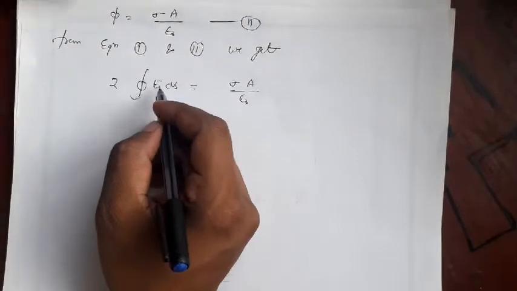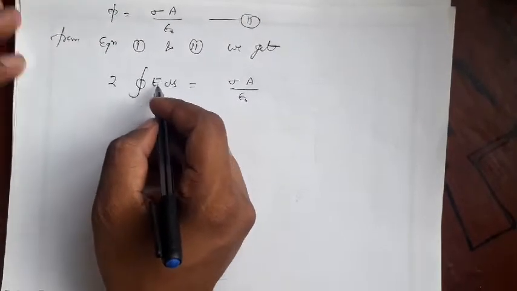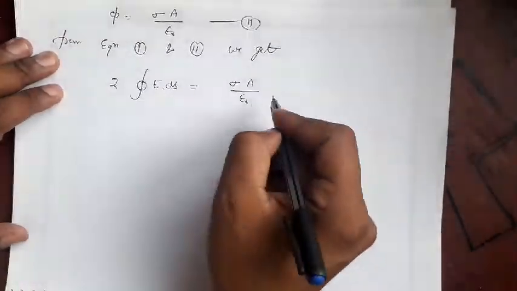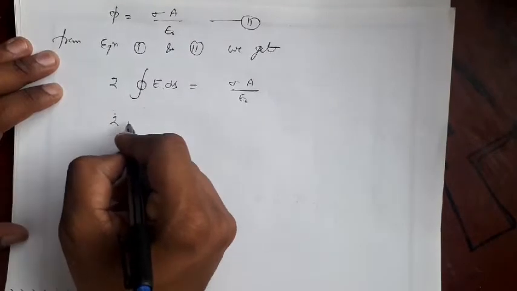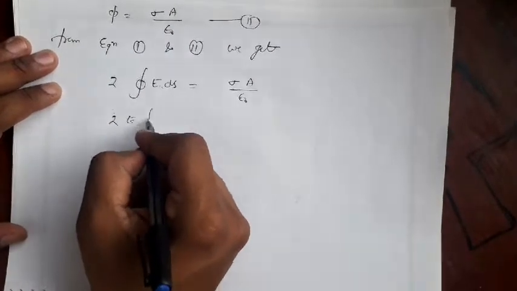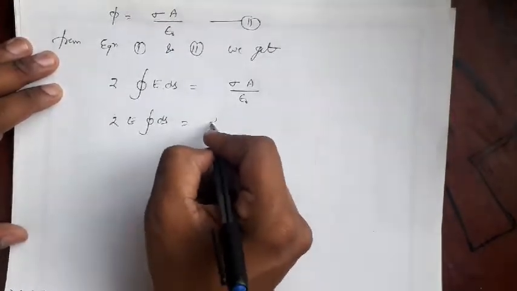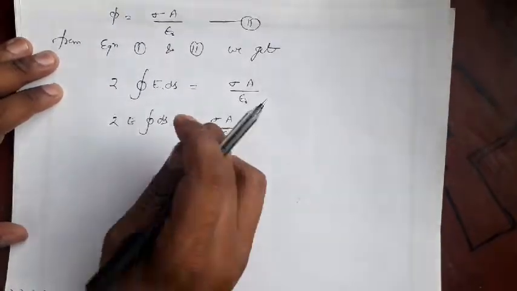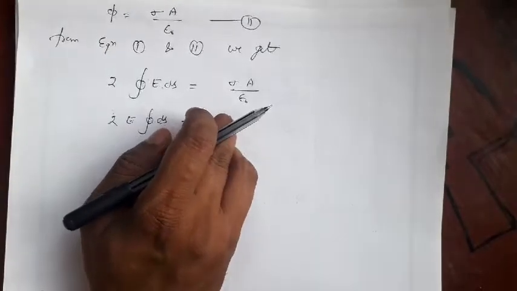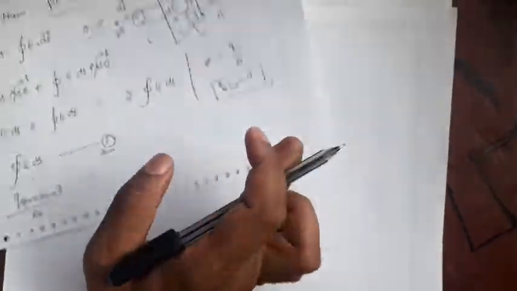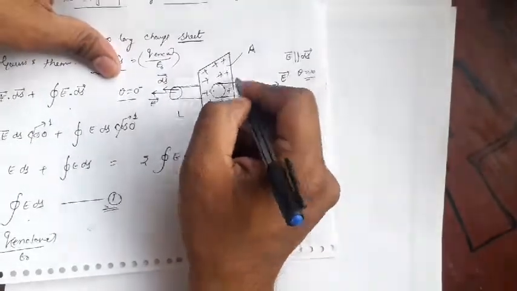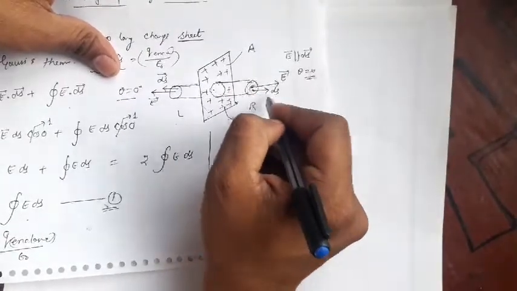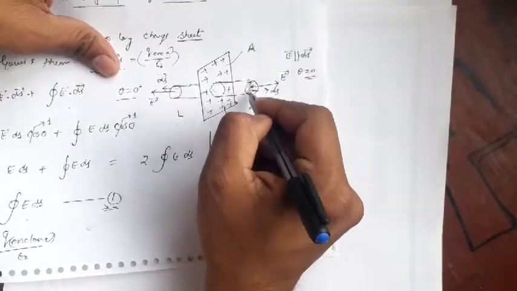E is scalar, it will come out, इंटीग्रल बाहर आ जाएगा, then become 2E integration dS is equal to sigma A upon epsilon naught. और dS is that net integrated surface area. Net integrated surface area is this one. तो अगर dS का small fraction है, this is the portion dS.